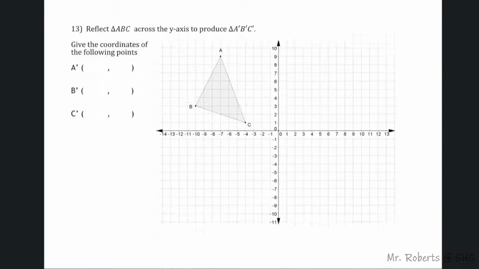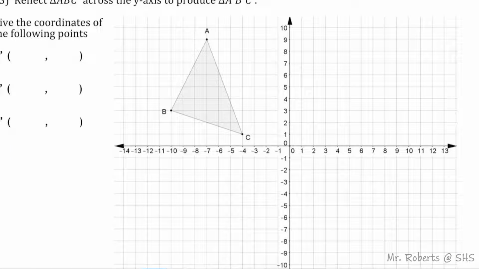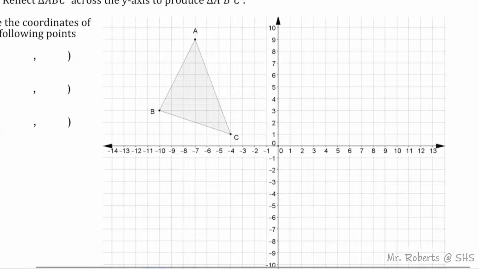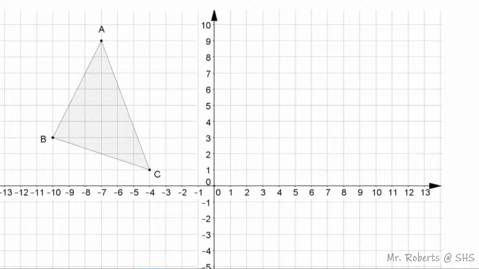Finally, the last question says, reflect this triangle across the y-axis to produce a new triangle, and then tell me the coordinates for this new triangle. So we have our x-axis and our y-axis, and I'm asked to reflect across y. The y-axis is essentially serving as a mirror, right?